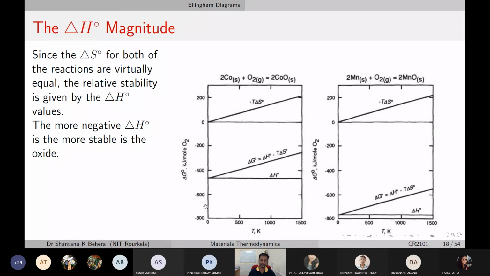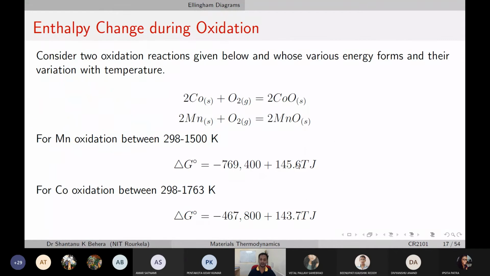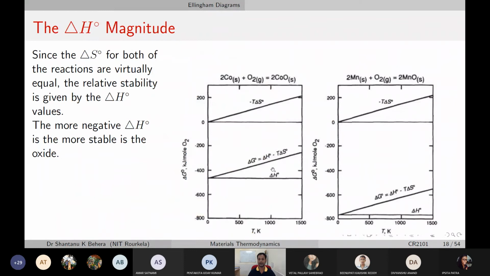And how are they displaced? You can see it very clearly. This del G curve is composed of this del H term and this minus T del S term. Now, del S for each of these is minus 145.6 here, minus 143.7 here, really similar. That means that fixes the slope. Now the whole minus T del S term stems from zero, from absolute zero, where its value is zero.